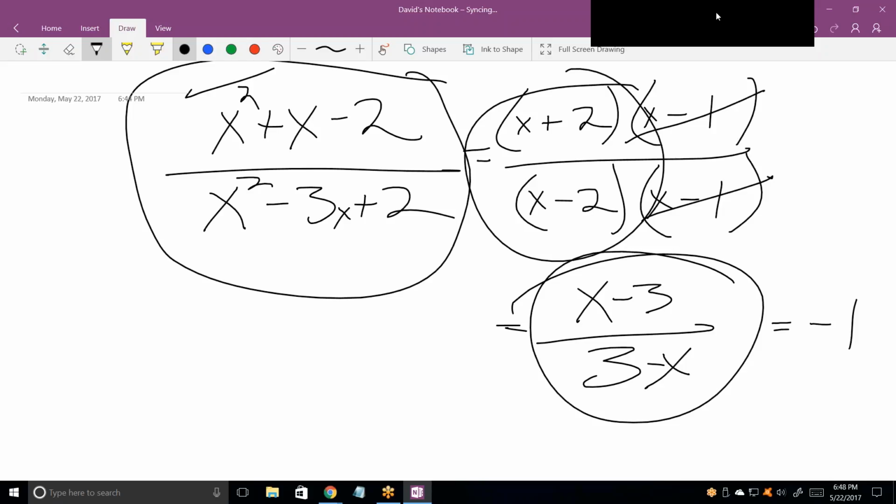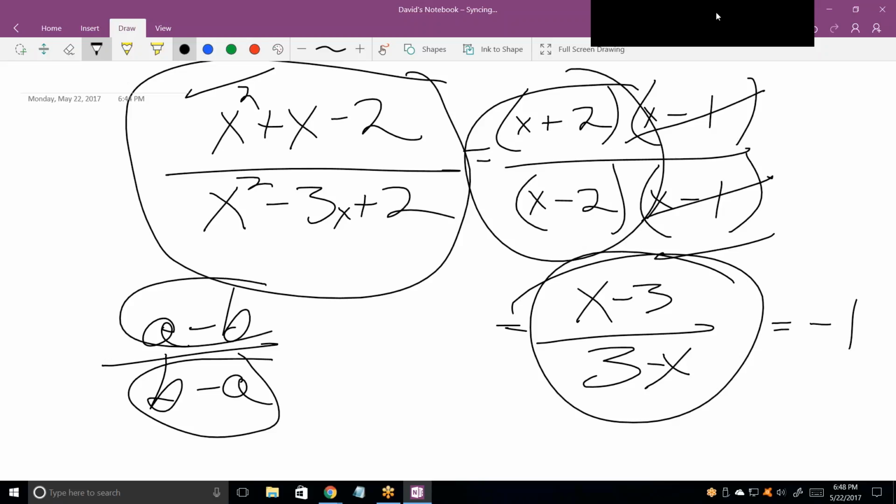In other words, the only time you can cancel is when they're identical. Except when you have a minus b over b minus a. This is always the negative of that.